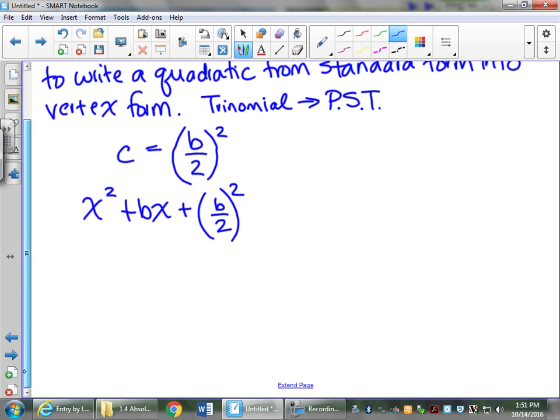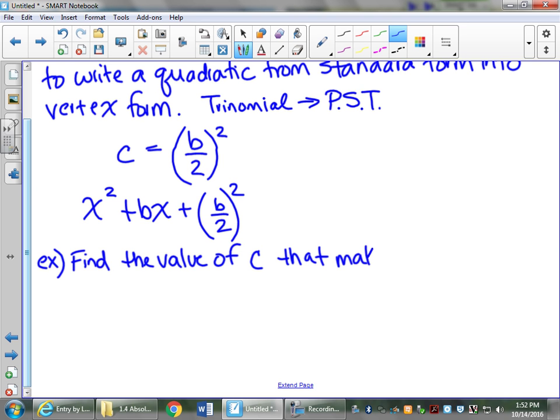All right. So let's just practice using this formula first before we actually use it to rewrite an equation. So the directions, which are important to understand just as much as the process, we're going to find the value of C that makes the expression a perfect square trinomial.